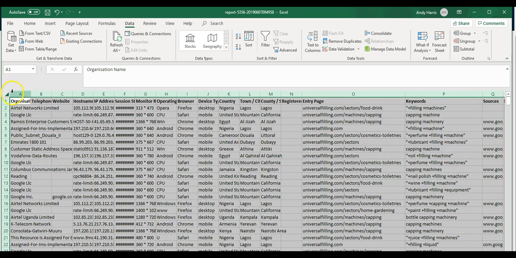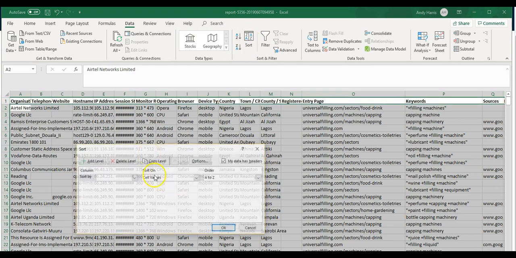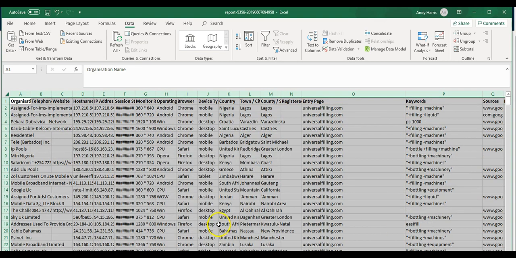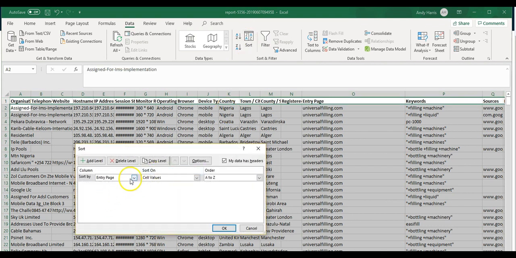So what we should do is sort the data by the entry page and then perhaps also add in an extra level of the keywords that were identified.